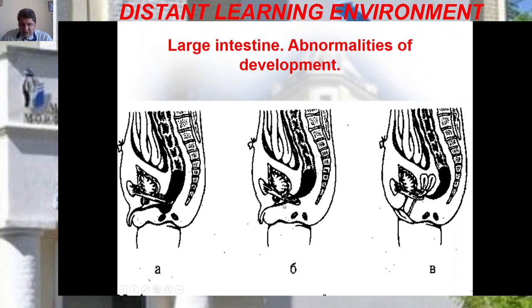On this picture it opens also into the urethra and bladder. And on this picture you may see that the rectum opens to the vagina and bladder. But it has no opening to the external environment via the usual place.